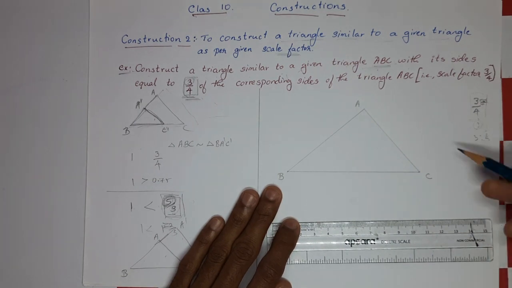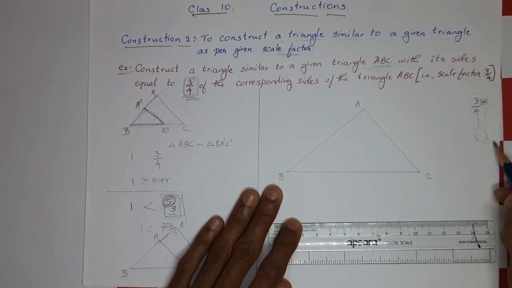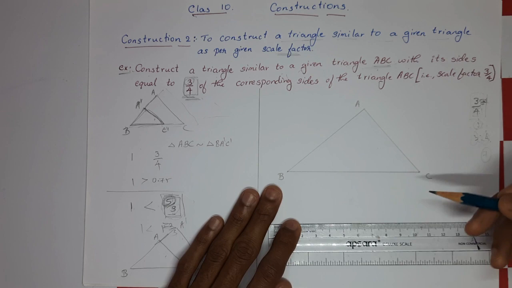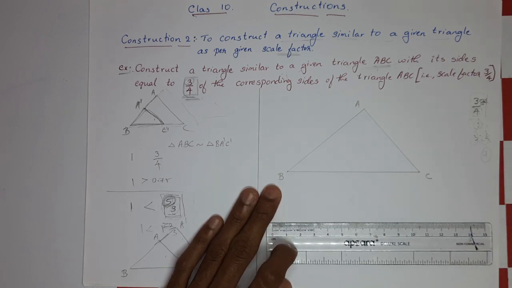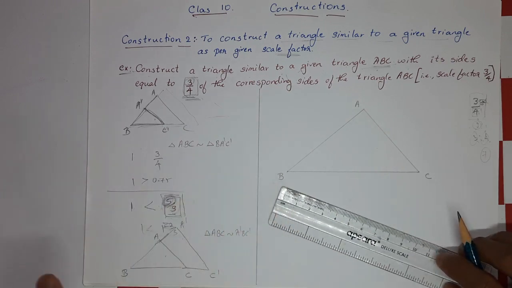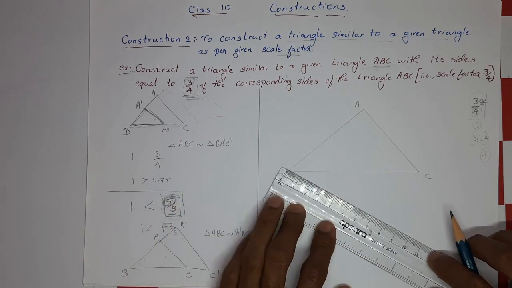Because 3:4 means there are 7 parts, 3 plus 4, and you take 3 parts and 4 parts. In this question, it is not 7 parts. We have only 4 parts in total, and in the 4 parts we have to take 3 parts. So the new triangle we are going to draw will come inside. I have already informed you. So we go with the same procedure.